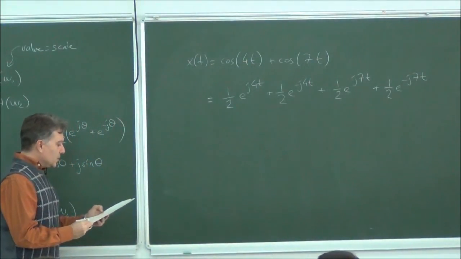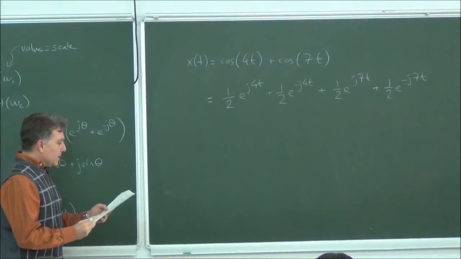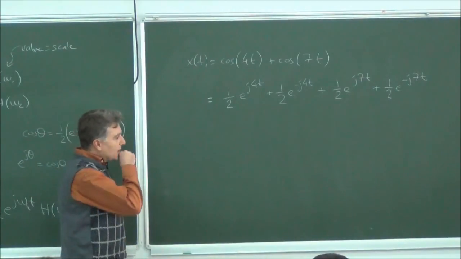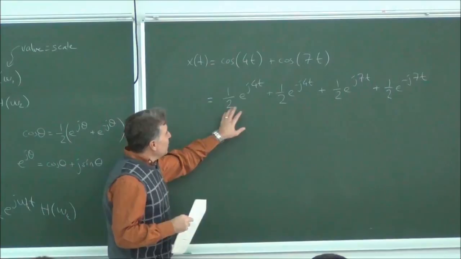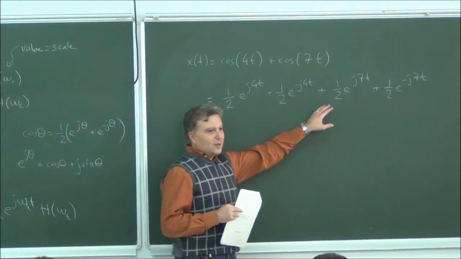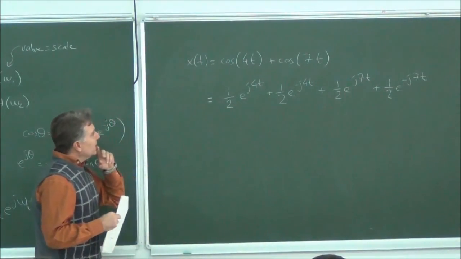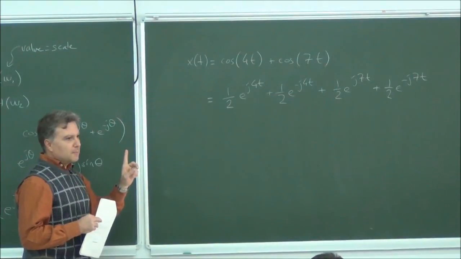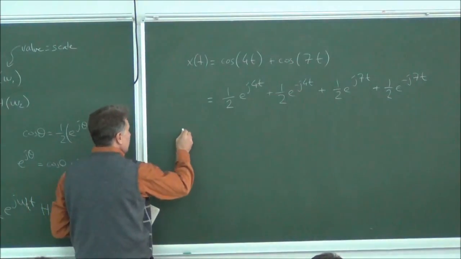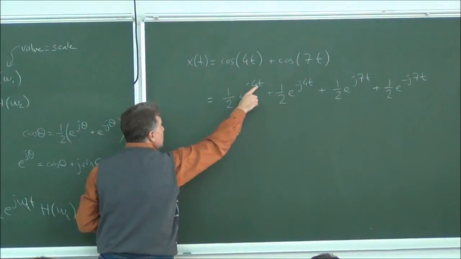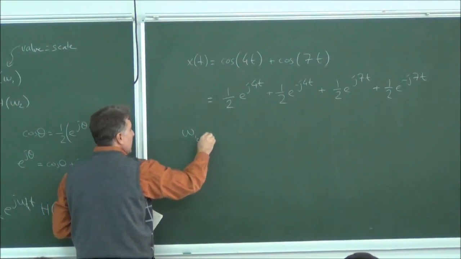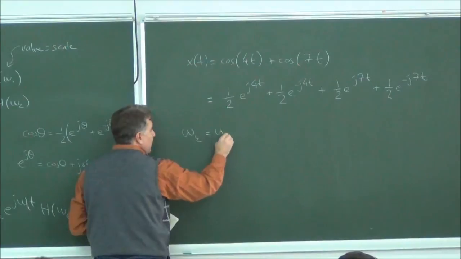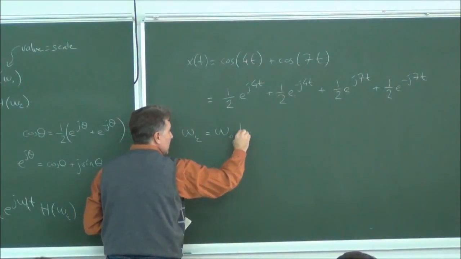So now it's quite clear that the Fourier series coefficients are, whatever index you may use, all 1 over 2. But we do have a problem here. Remember that any frequency that you have here, which is omega k, must be equal to a fundamental frequency times k.